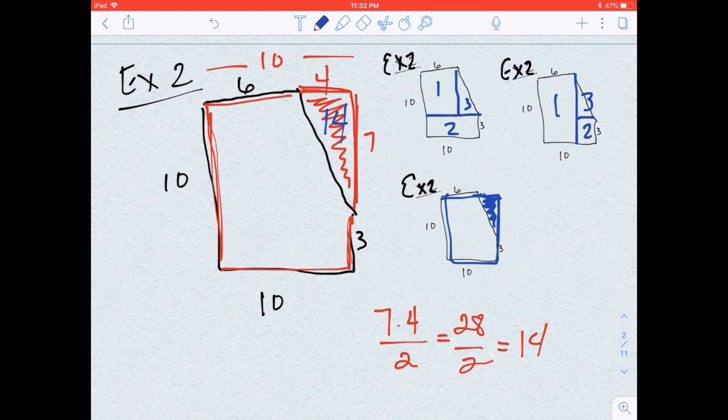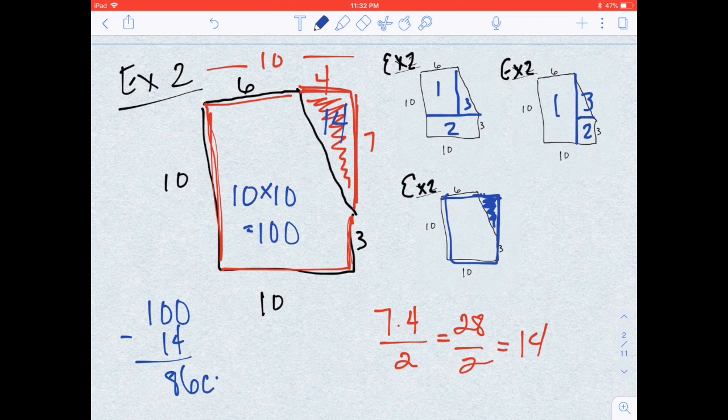So I'm going to take the whole area of my rectangle I created and then subtract it out. So the whole thing would be my base times my height, which gives me 100. 100 minus 14, because I added that 14 section, would give me 86.